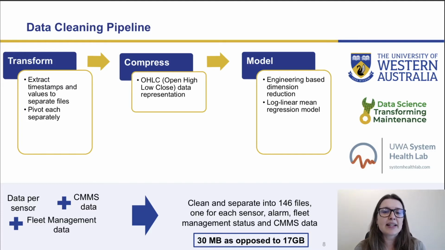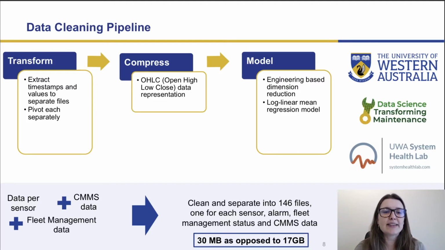The combined size of these files is only 30 megabytes as opposed to 17 gigabytes, resulting from conventional pivoting and alignment of time. Then we apply a technique from financial modeling called OHLC to compress the data. This is described in the following slide.